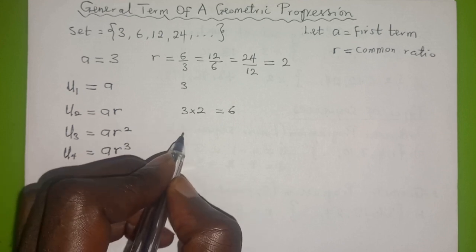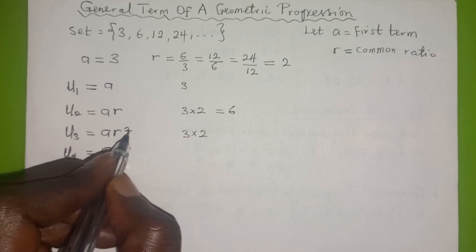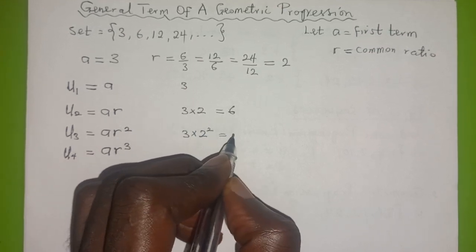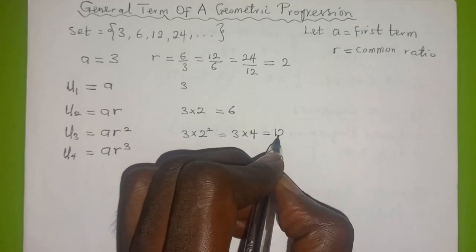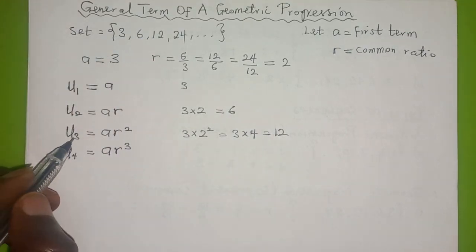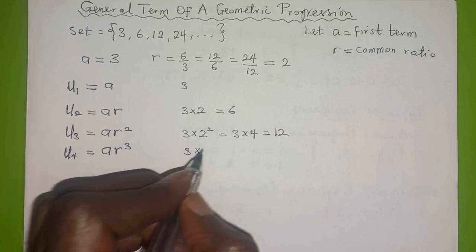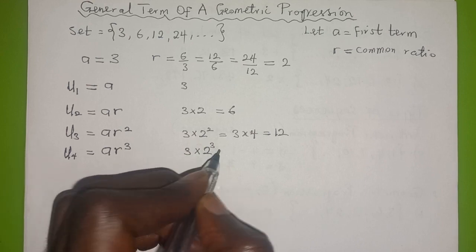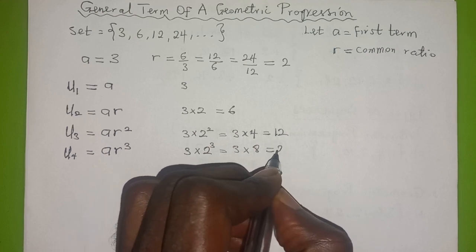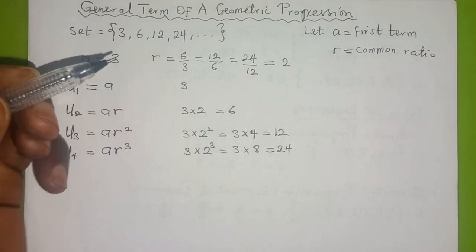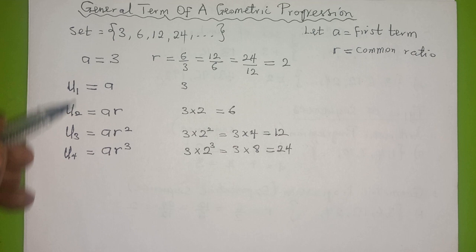This is going to be 3 times 2 raised to the power 2, which is 3 times 4. 3 times 4 is 12, which is also the third term, which is correct. Then the fourth term is going to be 3 times 2 raised to the power 3, which is 3 times 8, and 3 times 8 is 24, and that is also the fourth term. So we can actually use the set to prove these formulas.